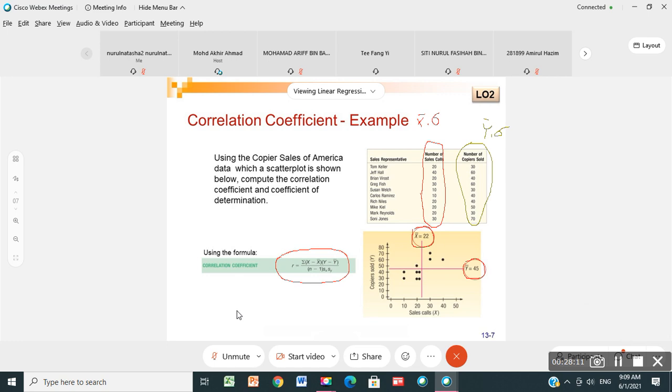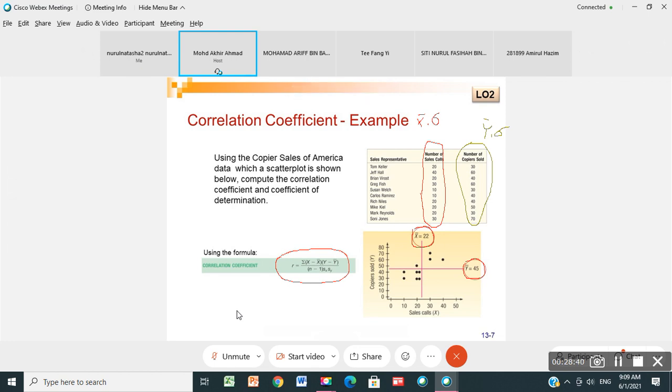Ada siapa dapat X equal 22, X bar remains SD, standard deviation is 9.189.